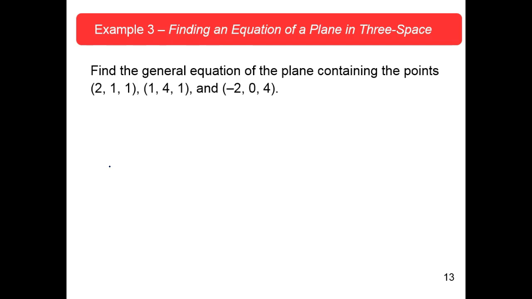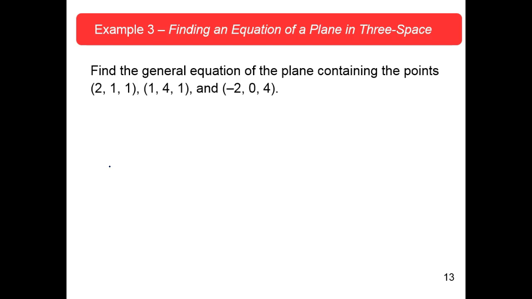So here's example 3, using what we just did. Find the general equation of the plane containing these points. Okay? The general equation of a plane containing these 3 points. Now, wait a minute. The formulas we just had need 1 point and a normal vector. We don't have a normal vector here.